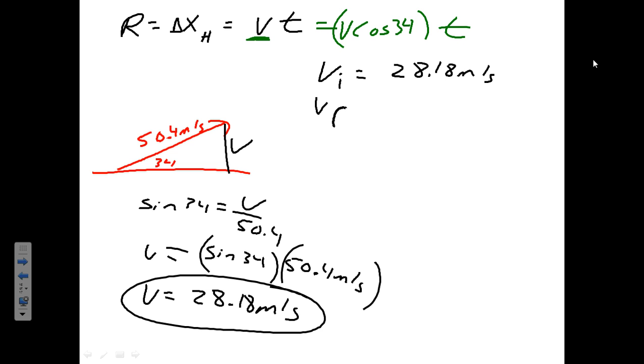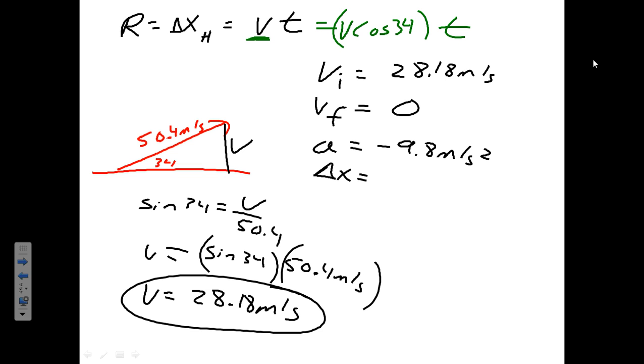What's our final velocity at our maximum height? 0. Our acceleration, negative 9.8. We're trying to find delta x. Now we haven't found the actual time yet. So what equation would probably be the easiest if we just want to do this in one step? We don't know the time to do that 1/2 one.